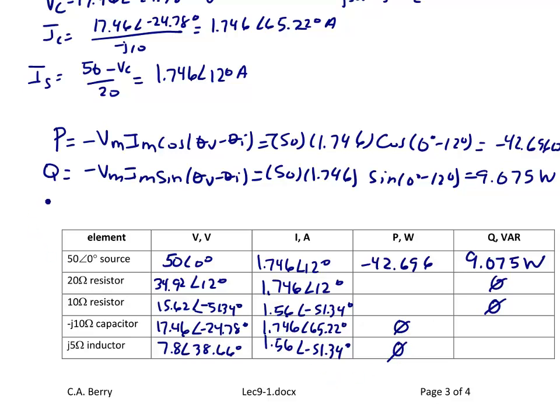So now for the 20 ohm resistor, the power would be 34.92 times 1.746 times the cosine of 0 degrees. So for the 20 ohm resistor, it's 30.485 watts.